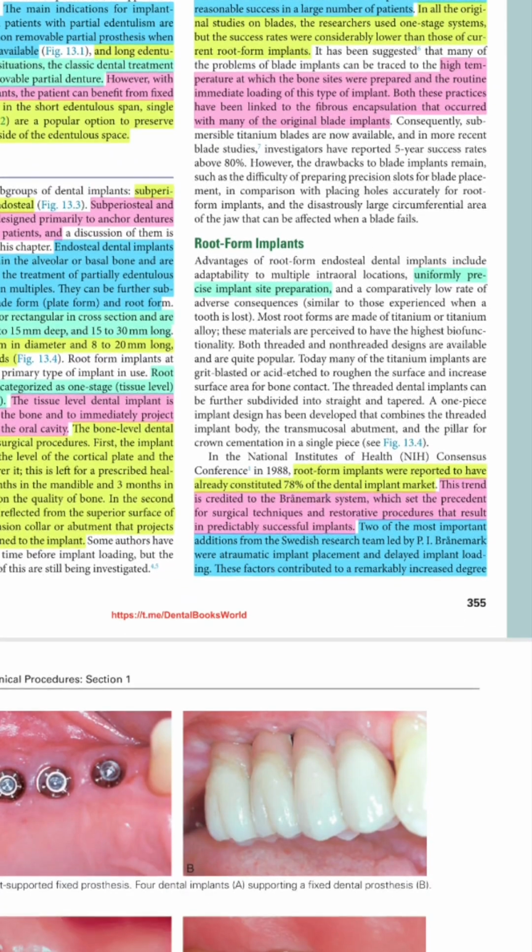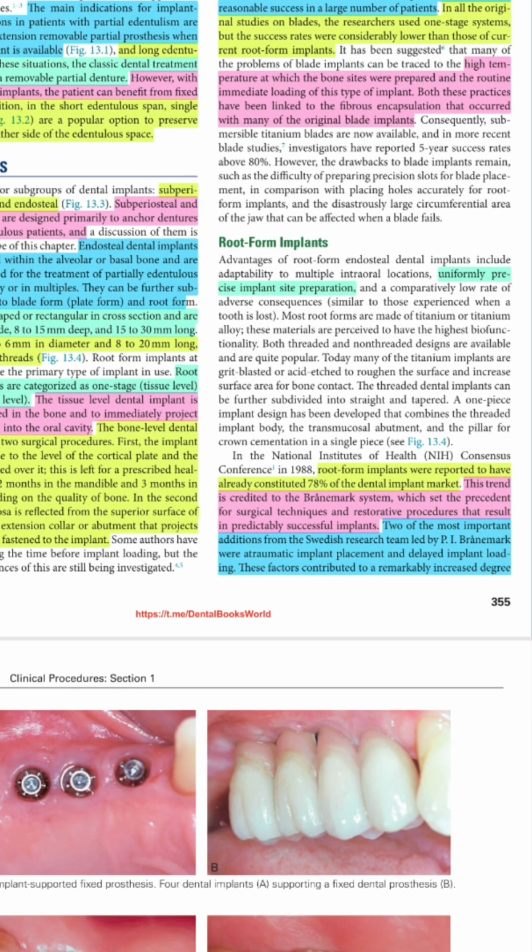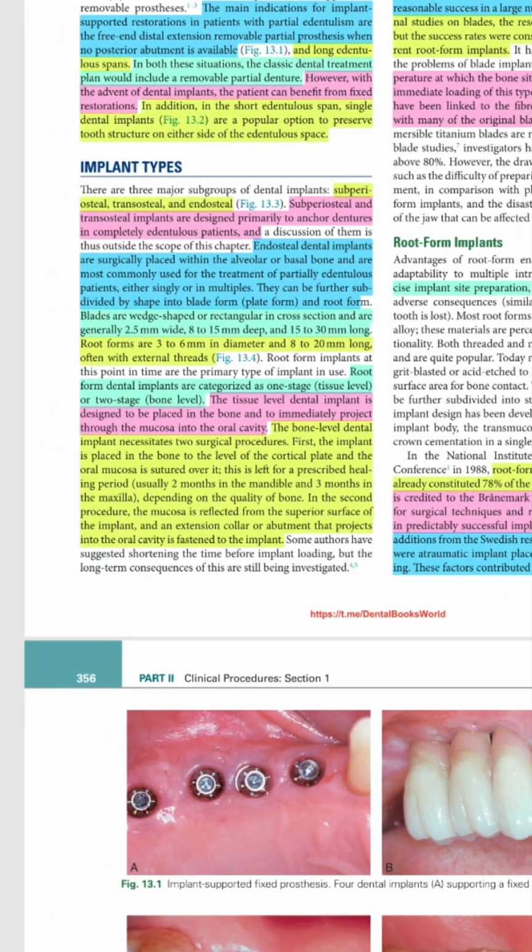As for the root form implants, they resemble the original root of the tooth, and they can be implanted in two ways, a one-stage or a two-stage. What does that mean? The one stage is when we do the restoration immediately after we do the implantation.